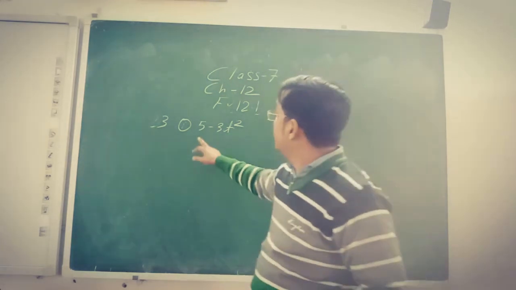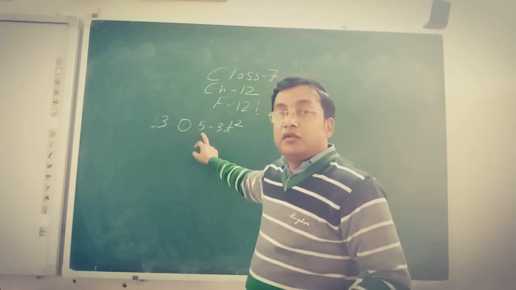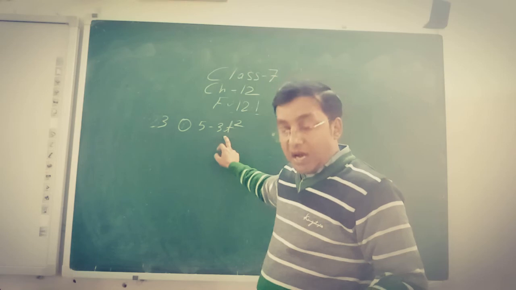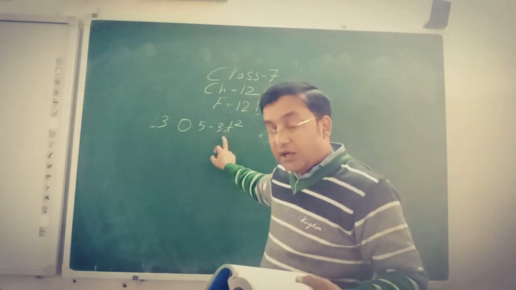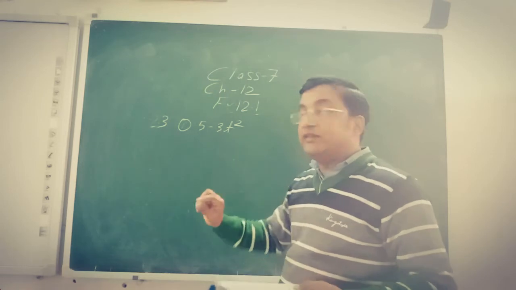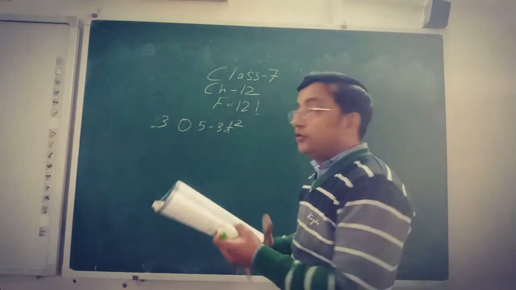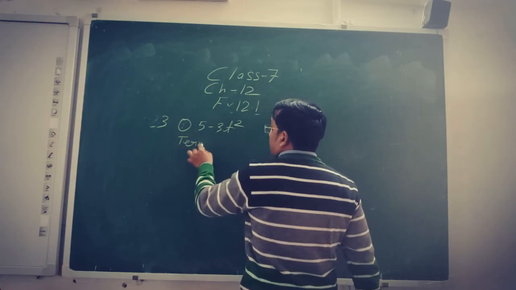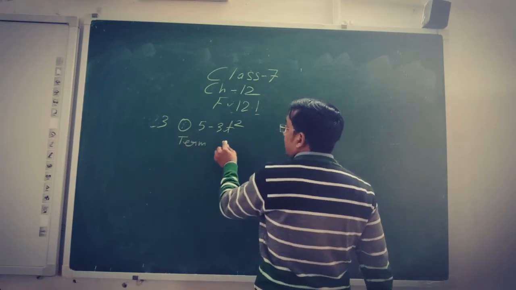So here if you see this is a constant. So I have to take this term, and then I have to tell the numerical coefficient. Numerical coefficient means the constant which is attached with this term. So this is your term, which is this.